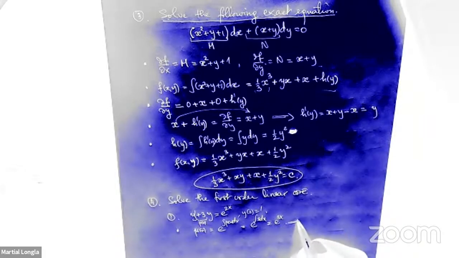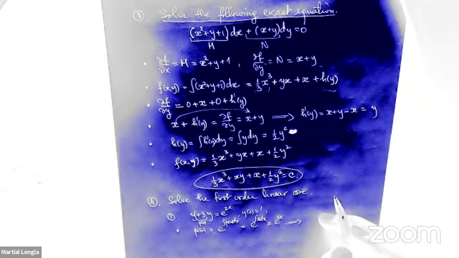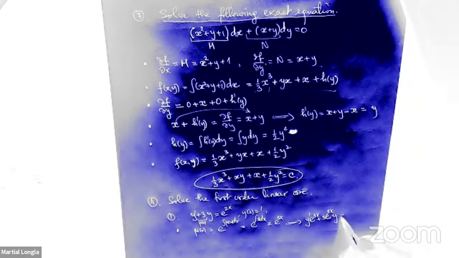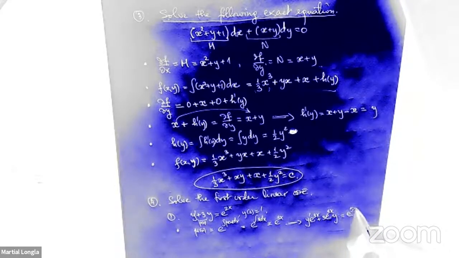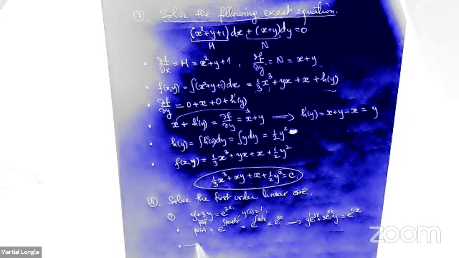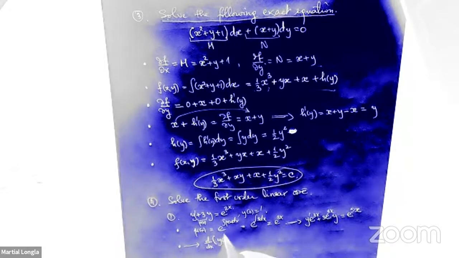Next thing, multiply the equation by that integrating factor. So that's y prime e to the 3x plus 3 e to the 3x y equals e to the 5x, because e to the 3x times e to the 2x is e to the 5x. Next step, combine the terms on the left in one derivative. That's d over dx of y e to the 3x equals e to the 5x.